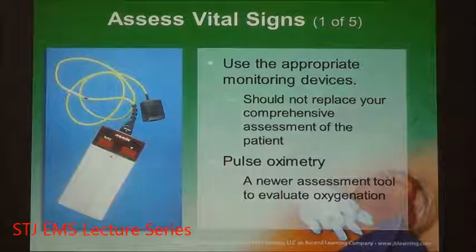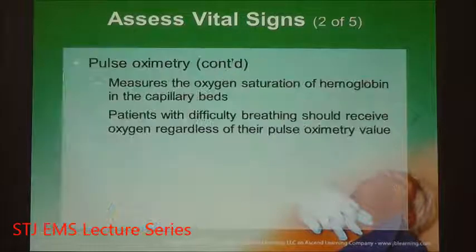When you assess vital signs, remember, use your appropriate monitoring devices. A new tool for EMTs, an old tool for medics, excellent tool to determine hypoxia is a pulse oximeter. The number should be between 95 and 100%. Pulse oximetry is going to measure the oxygen saturation at the capillary level.